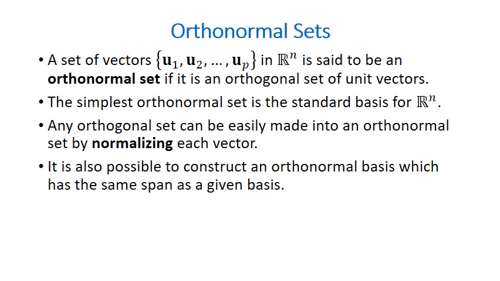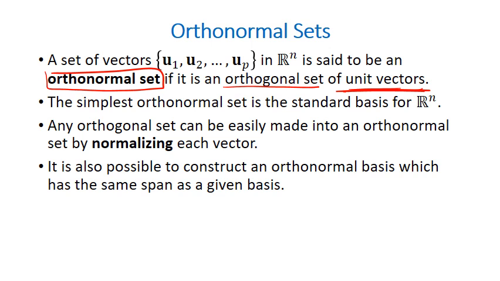Now the last thing I want to mention is the information on this slide here. A set of vectors in Rn is said to be an orthonormal set if it is an orthogonal set of unit vectors. Now remember, orthogonal, the inner product is 0, and unit vectors, we talked about that in the previous lesson.